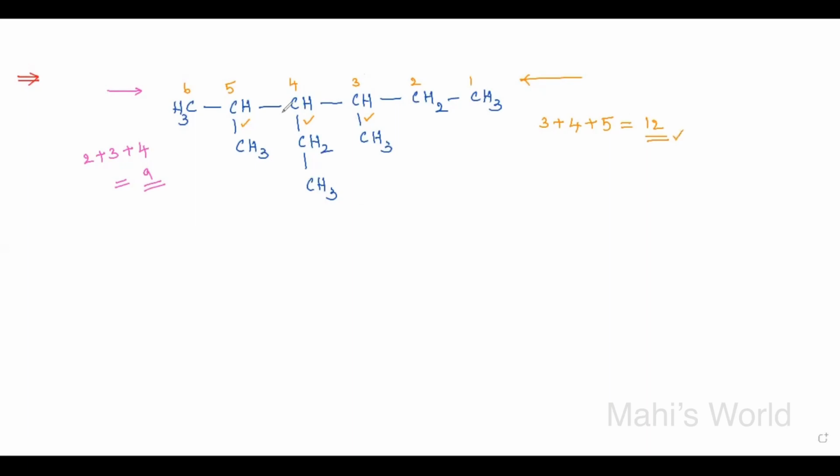Here, in such cases, you have to see that the sum of locants is least possible. Sum of locants is least when numbering is done from this end. So let me go with this. This is wrong. So let us forget about this numbering.